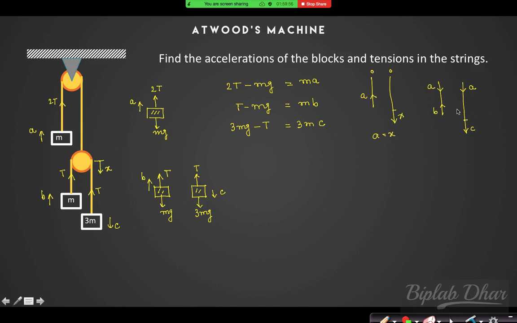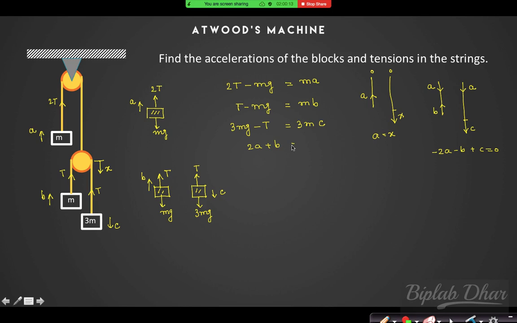So what I can say is minus 2a minus b plus c equal to 0. Can I write this equation here? So c is equal to 2a plus b, and that is another equation.